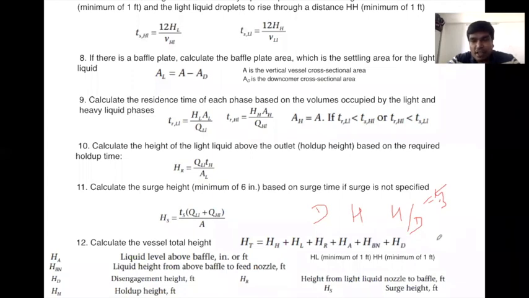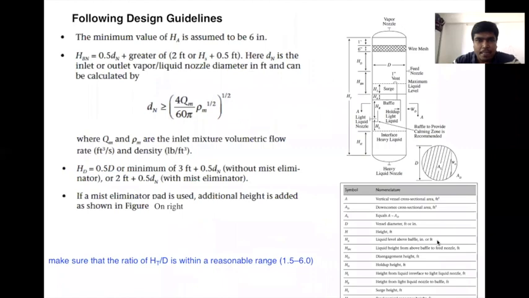And if it is not, then we have to change the design parameters that we have adjusted, like in step number 7, where we have taken HL and HH equal to 1. And in this way, the design is done for the vertical separators, right?